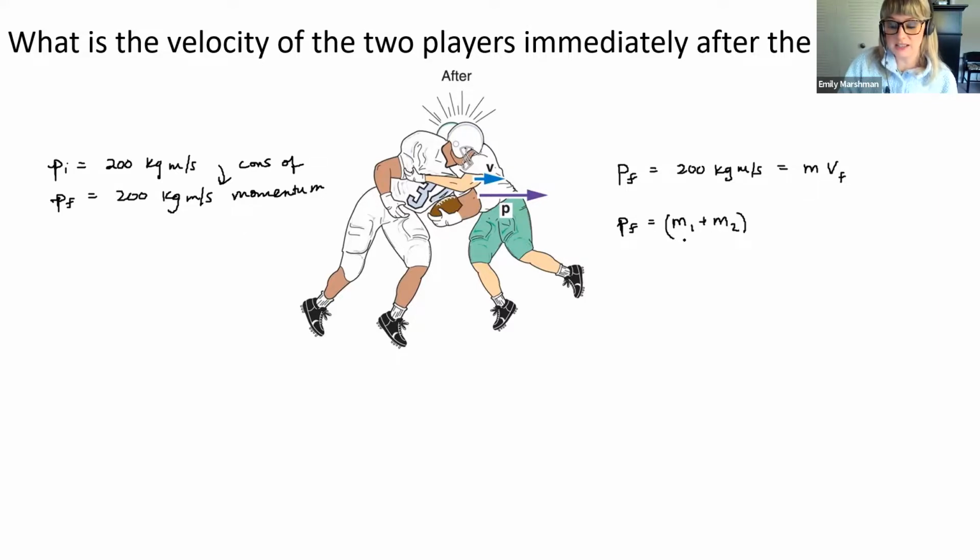And when they collide and stick together, they're both moving at the same final velocity, v final. So that's going to be their final momentum. So the final velocity, if I solve for that, divide both sides by the total mass.